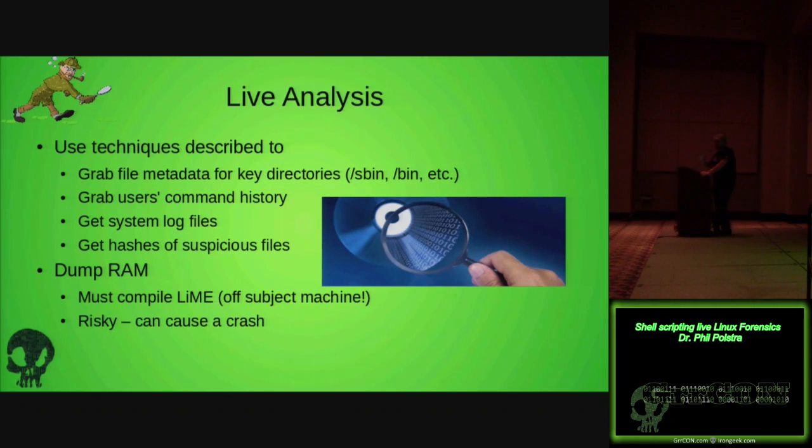All these scripts are available for download on linuxforensicsbook.com. So again, I'm not trying to sell you anything. They're all open source. And you can grab things like the user's history, some log files. You can get hashes of suspicious files. You can dump the RAM. Now, any of you use Volatility?